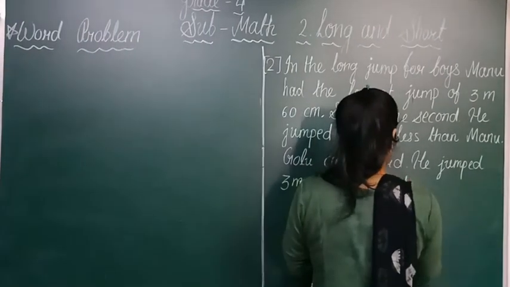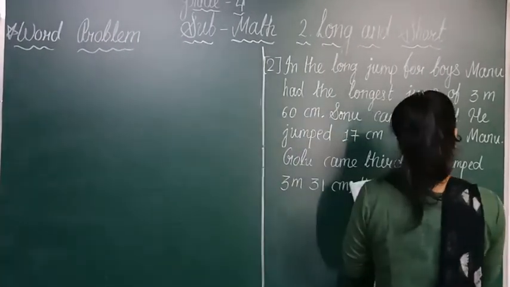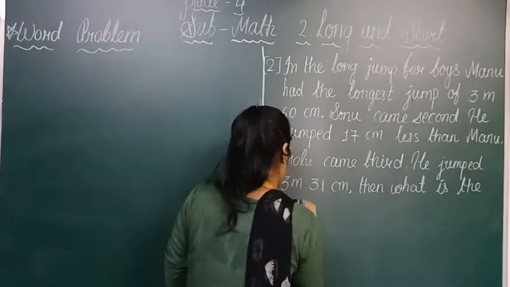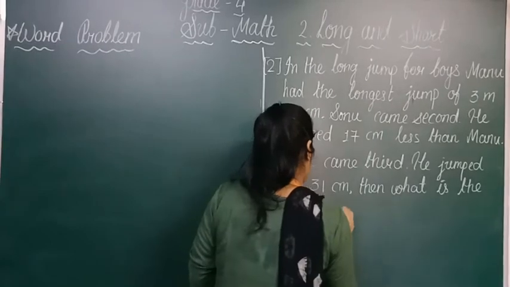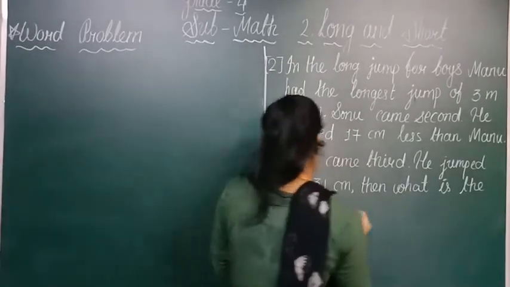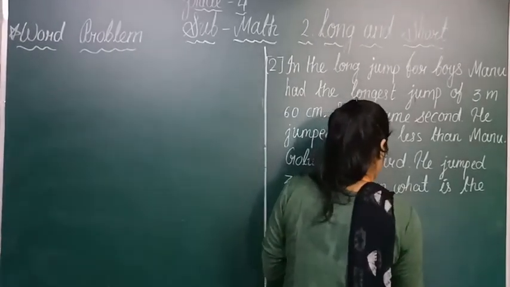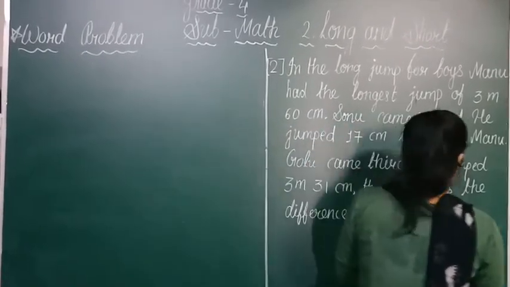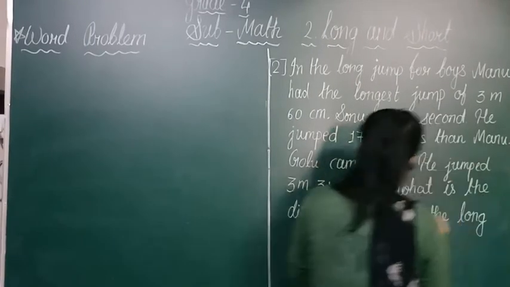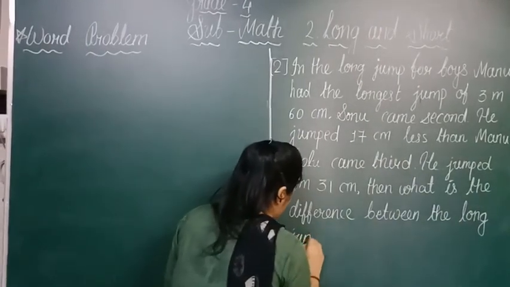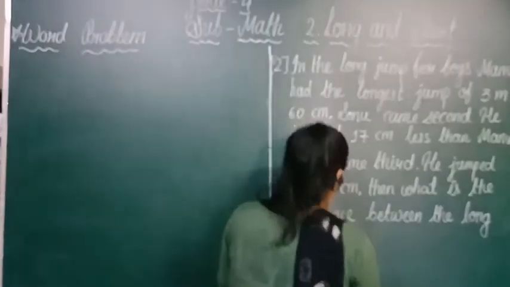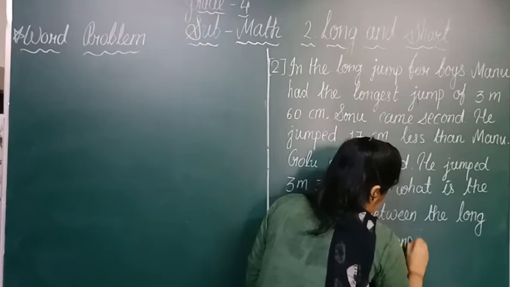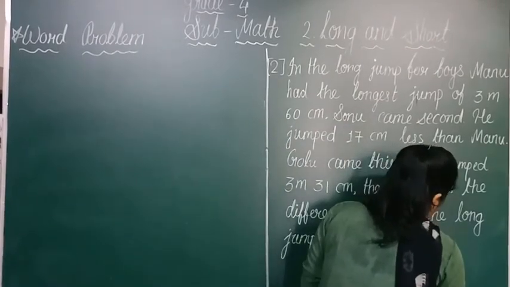Then what is the difference between the long jumps of Sonu and Golu?